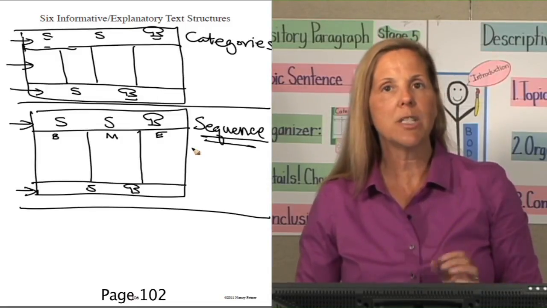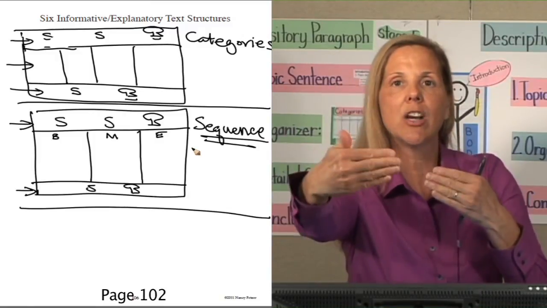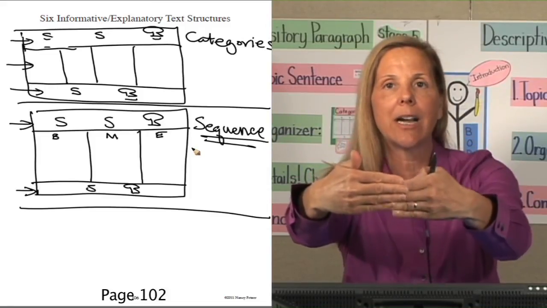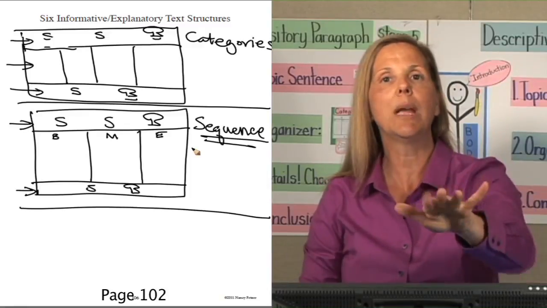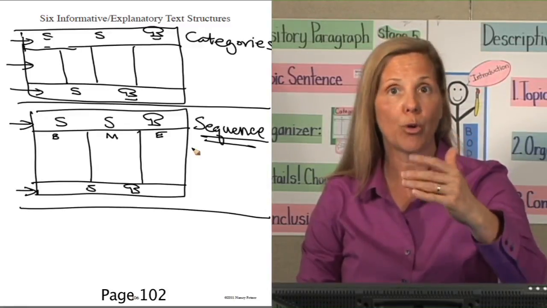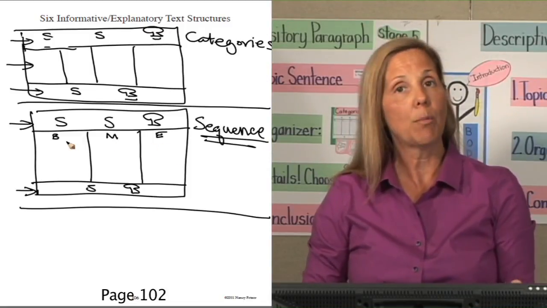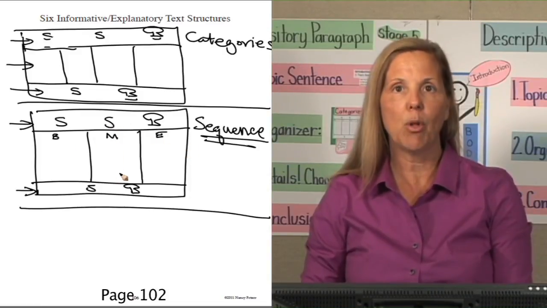And part of sequencing is having a conscious understanding of here's my beginning and there's my end. Once I know my ending, then I can sequence to get there. So if you label the beginning, label the end, then you'll be able to sequence the middle and you'll stay right on topic and in order. We have our beginning, middle, end. We know from our hand signal, label the beginning, label the end, then label the middle.